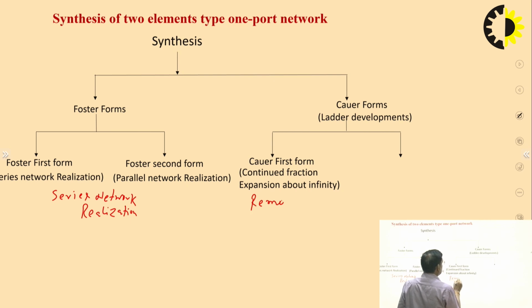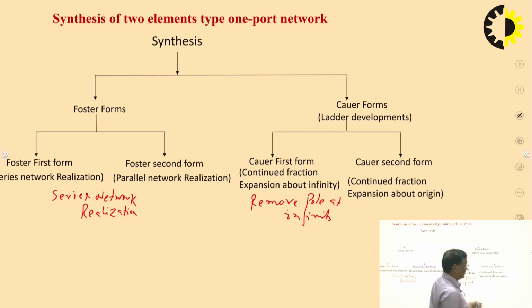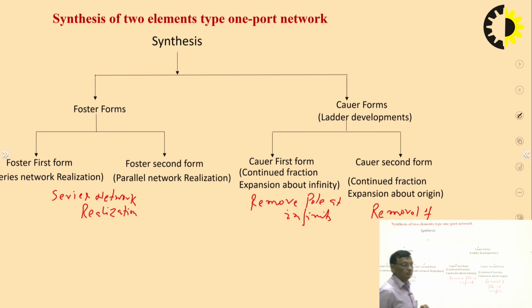Here we remove the pole at infinity. The second Cauer form is continued fraction expansion about origin, removal of pole at origin. In Foster form, we carry out the partial fraction expansion, so the technique is partial fraction expansion.